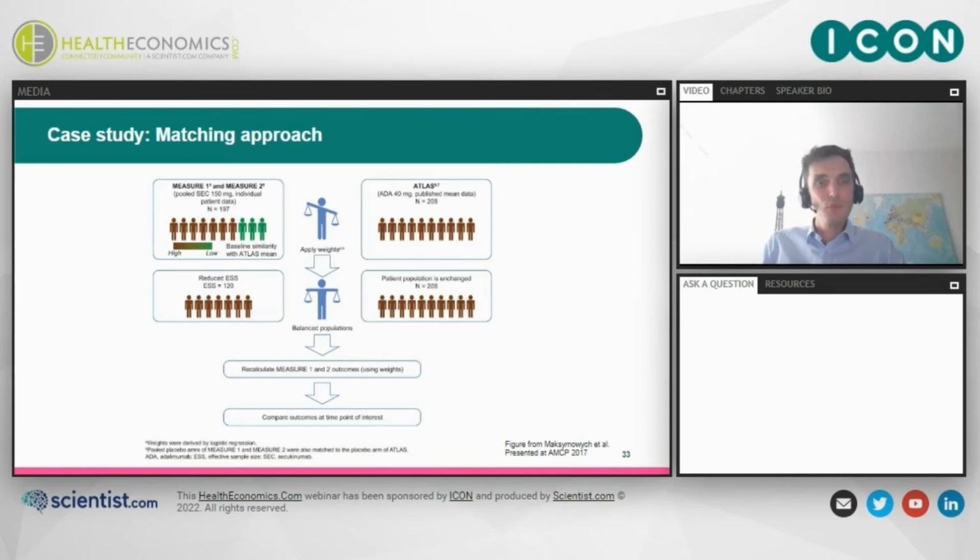As is visualized on the top of this graphic here, there were indeed several differences in key baseline characteristics, including patient and disease characteristics, which would have led to an imbalanced comparison. As a result of the MAIC, the effective sample size in the Measure 1 and Measure 2 trials dropped from 197 to 120, but obviously the matching then resulted in more balanced comparisons.